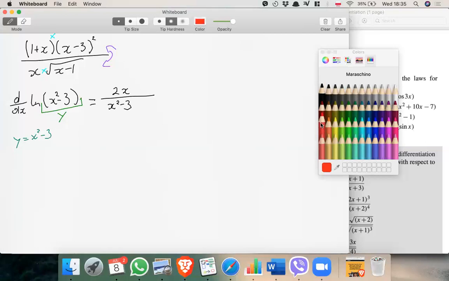The fact I want to point you towards is that the expression here is the same as the expression I said is equal to y, my inner function, so to speak.